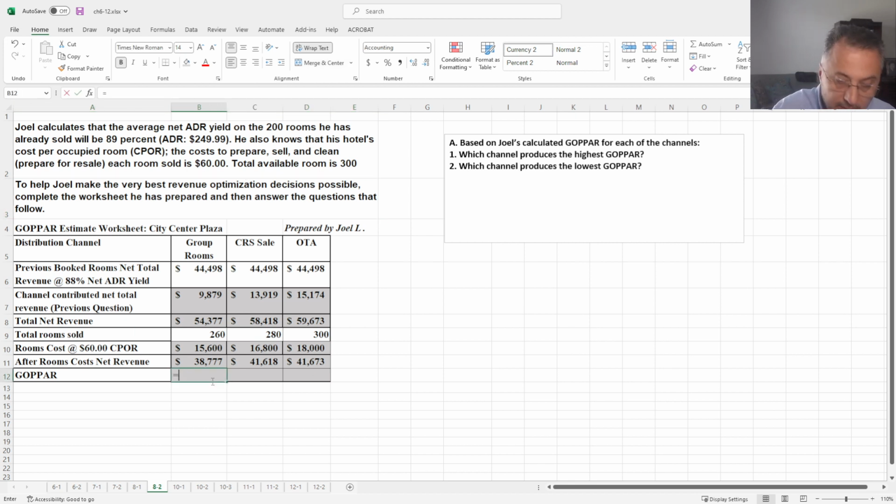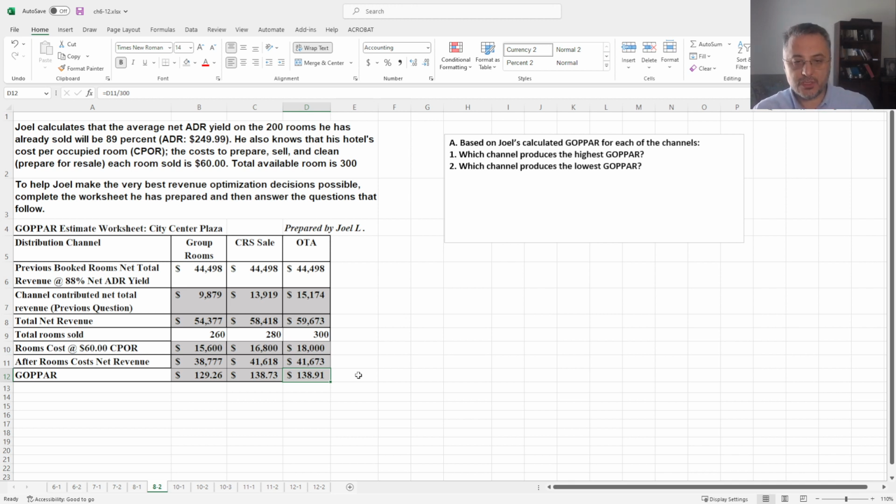Now, if you calculate that divided by 300, if you look at it, this, including group rooms, is 129.26. If you calculate only for the 200 rooms plus central reservation system, it is 138.73. And if you sell all 100 rooms to OTA, 200 plus 100 rooms, 300, it is going to generate $138.91.